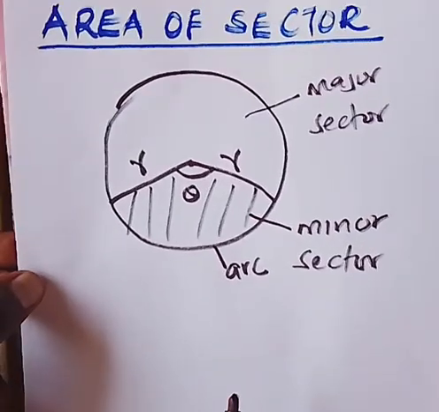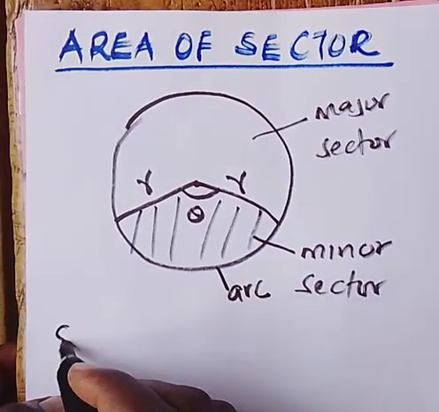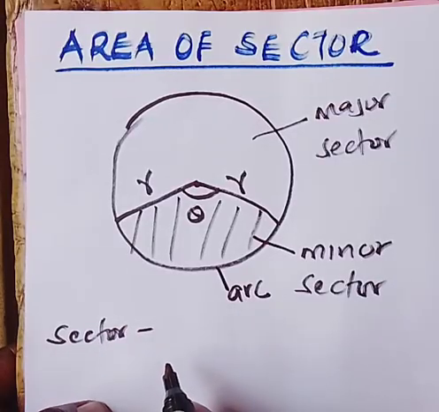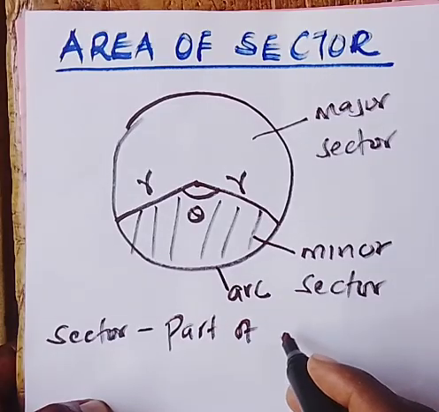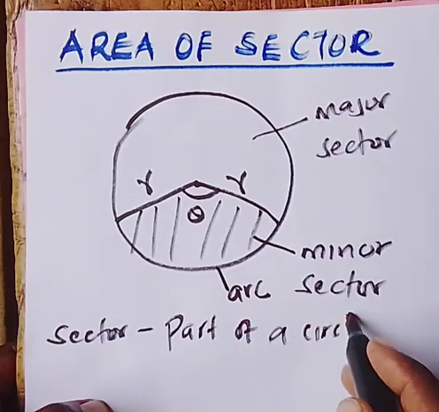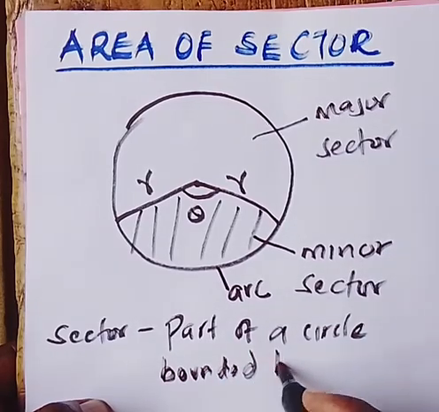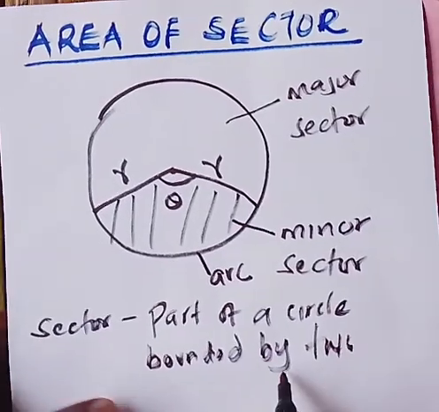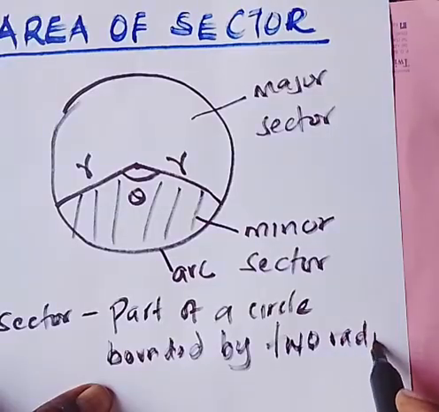So, a sector is part of a circle which is bounded by two radii.